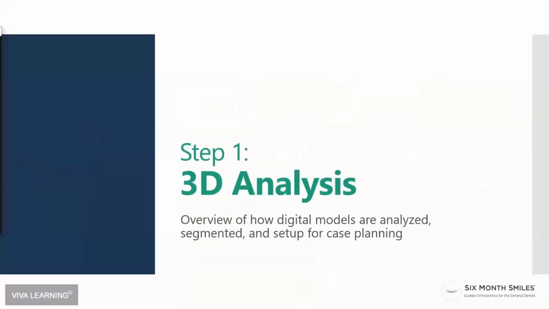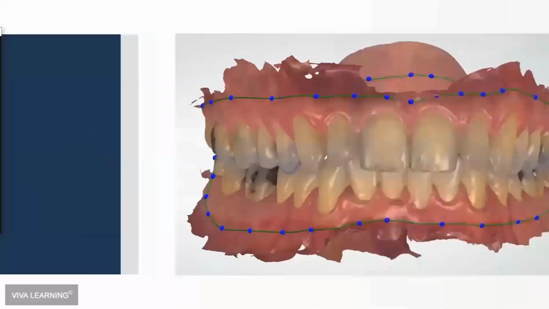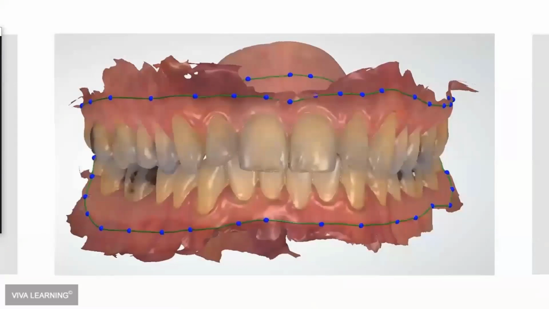Let's look at the 3D analysis. Here we're going to look at how the digital models are analyzed, segmented, and set up for case planning. Basically, from a scan, whether it's an intraoral scan or if you take a PVS impression, an analog impression, and we digitalize it, we need to tell the software mainly what are teeth or hard tissues and what are gums and soft tissues.